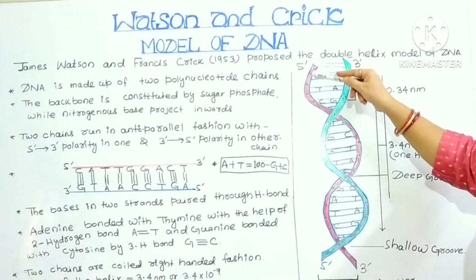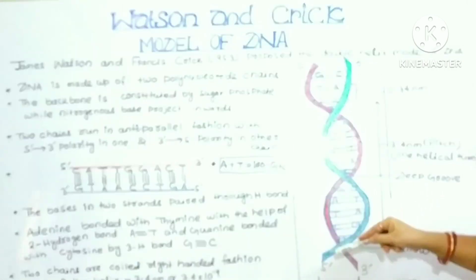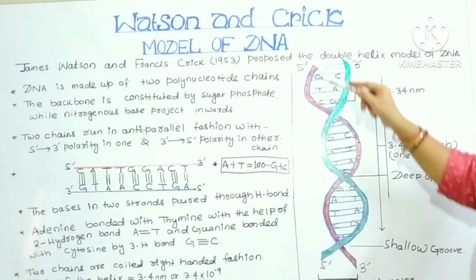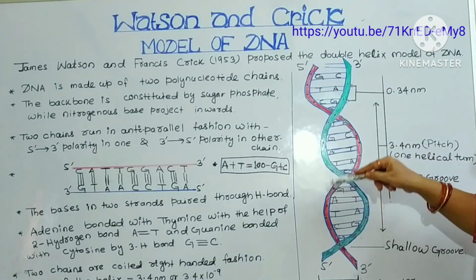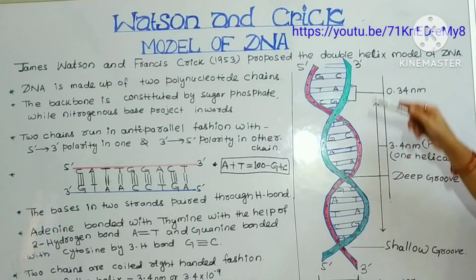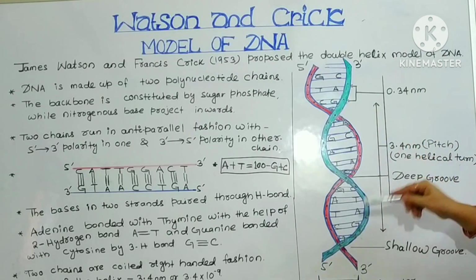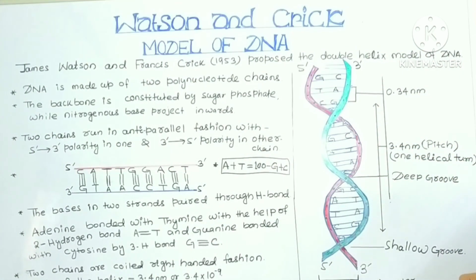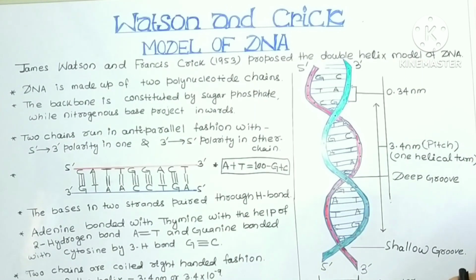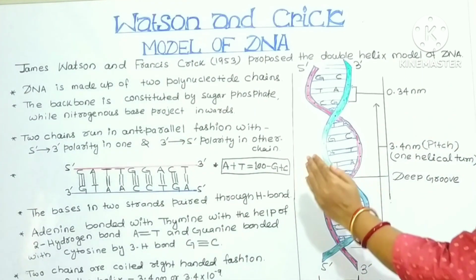This is the backbone, this is one strand. I have drawn one strand in red and the other strand in green. The backbone is made of sugar phosphate while the nitrogen bases project inwards.